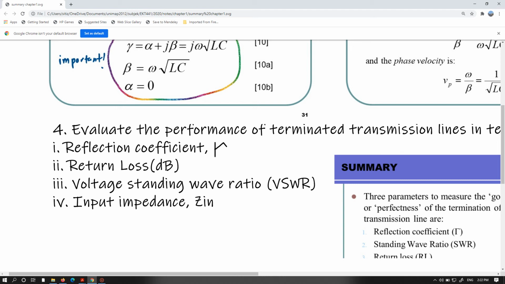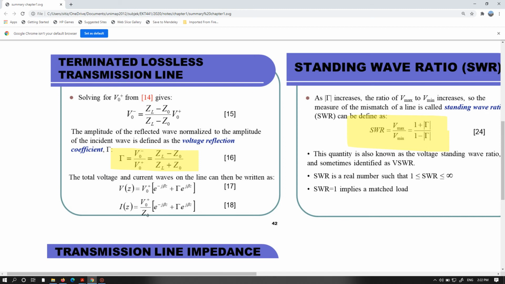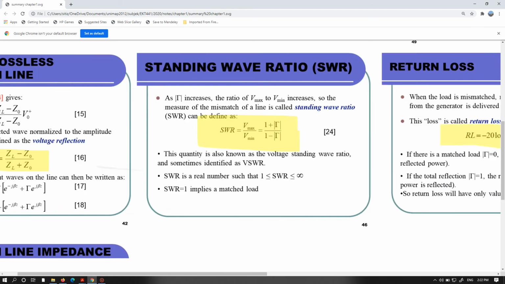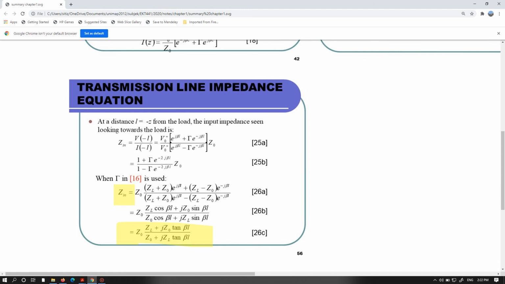It can be evaluated in terms of the reflection coefficient, return loss, voltage standing wave ratio (VSWR), and input impedance. Okay, so this is the formula: reflection coefficient, VSWR, return loss, and also the input impedance.